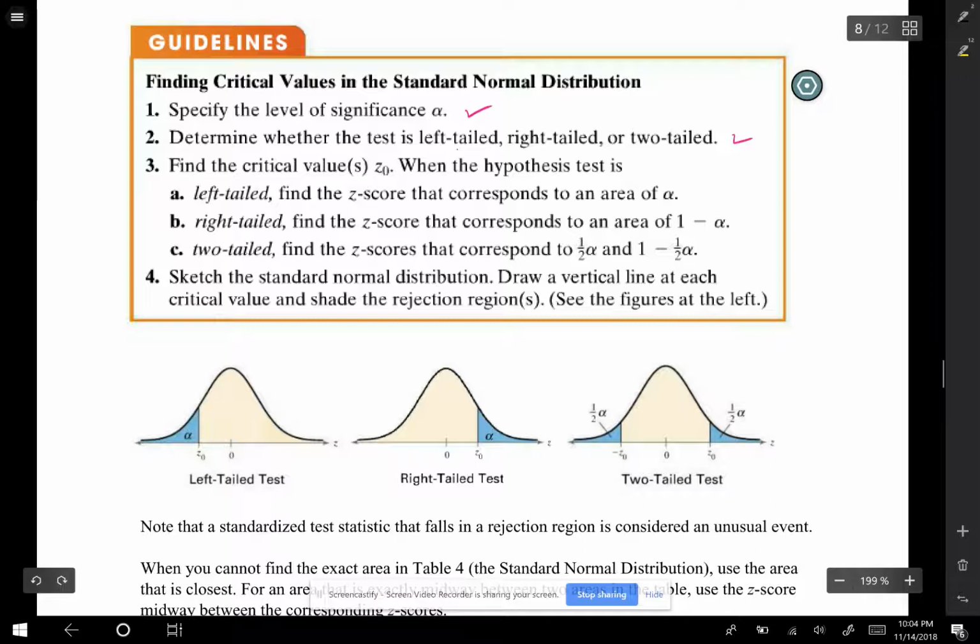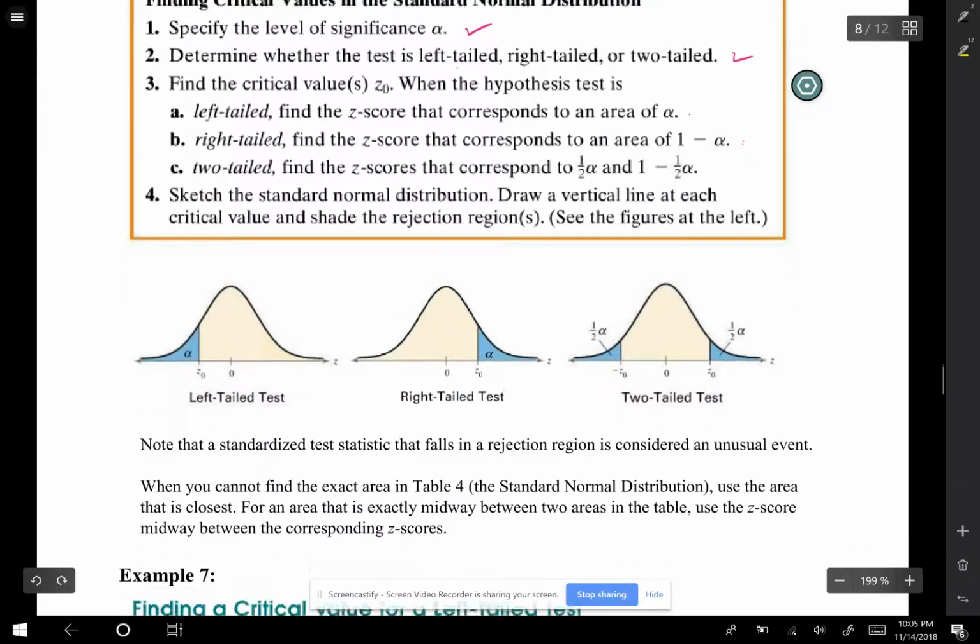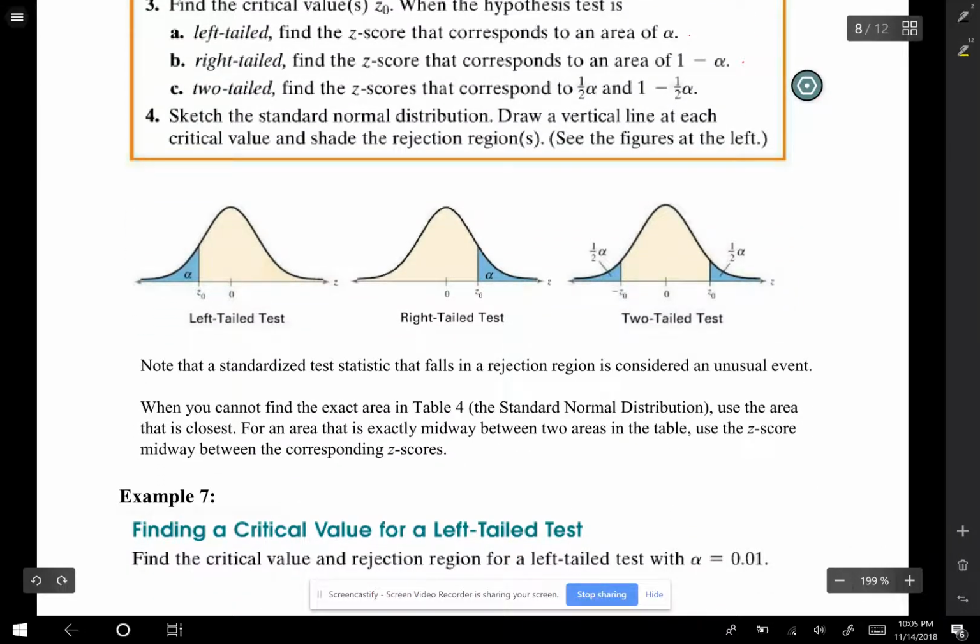Find the critical values. If it's left-tailed, we use the z-score that corresponds to an area of alpha. If it's right-tailed, a z-score that corresponds to an area of 1 minus alpha. And for two-tailed, we have to split it, so it'd be 1 minus half of alpha. Then sketch the normal distribution and draw lines where the critical values would be.